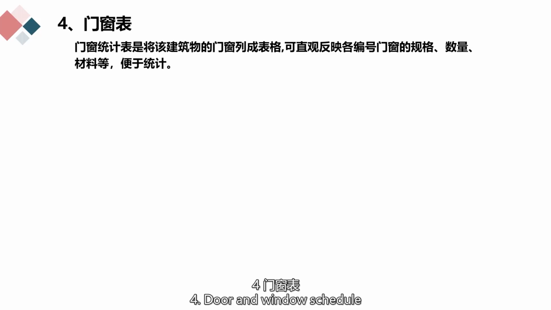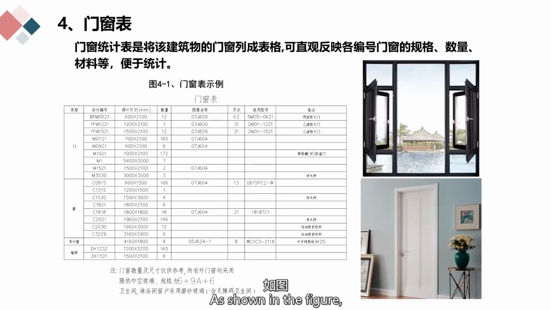Fourth, Door and window schedule. As shown in the figure, the door and window statistical table lists the doors and windows of the building in a table, which can directly reflect the specifications, quantities, materials, etc.